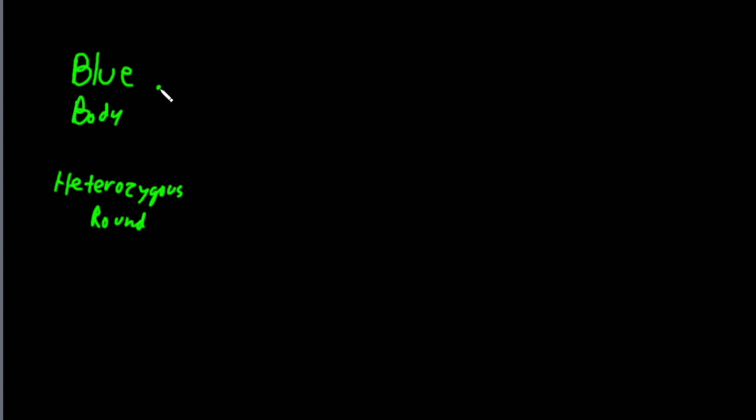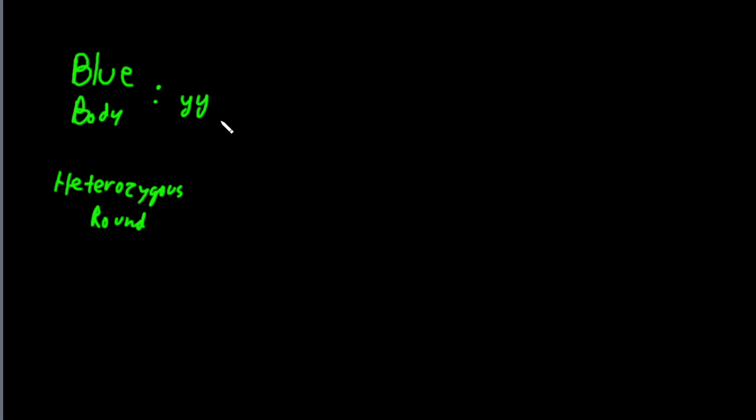So what I'm going to do is look at the table of traits just to the right, and I can see that body color is represented by the dominant Y gene and the recessive blue gene with a lowercase y. Since blue is recessive, if I'm going to have a blue body, it is going to have to be a lowercase y and a lowercase y.